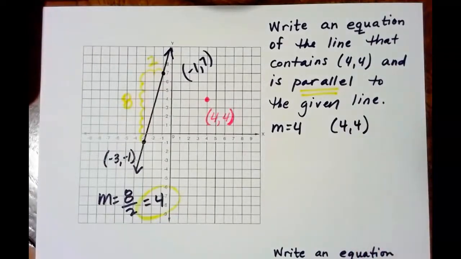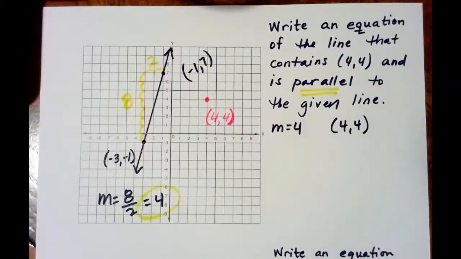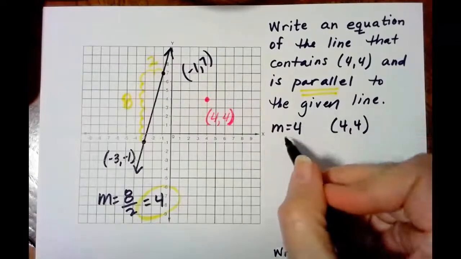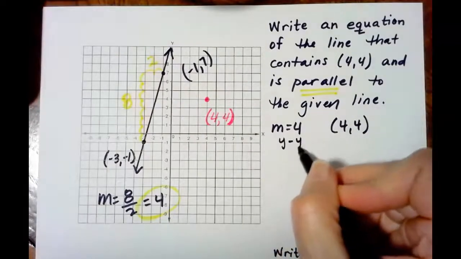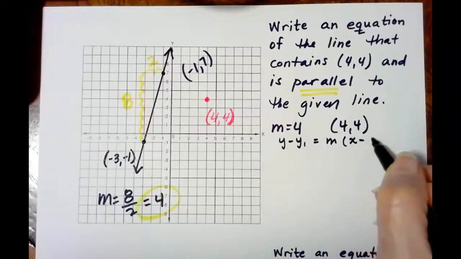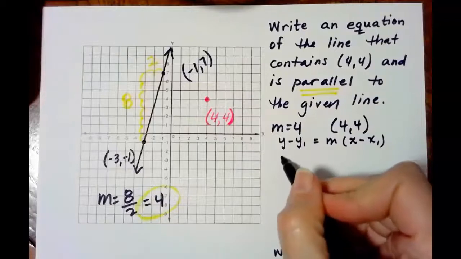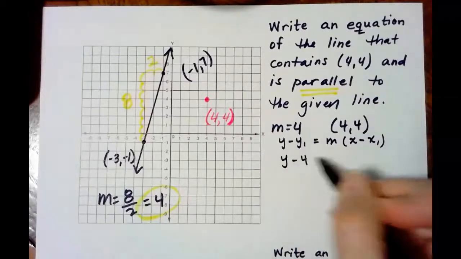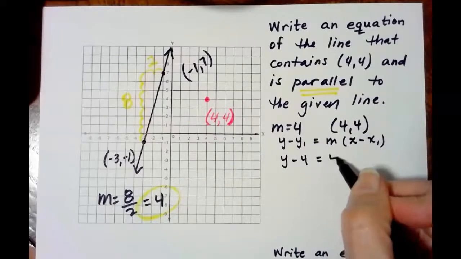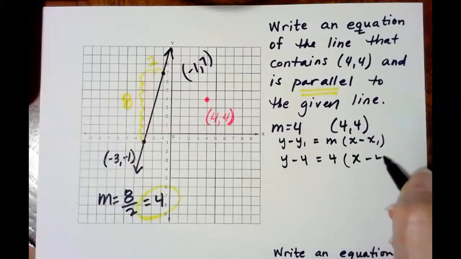If we know a point and we know a slope, we're going to plug this information into the point-slope form. Point-slope form: y minus y1 equals m times x minus x1. So let's plug in. y minus 4 equals 4, our slope, times x minus 4.